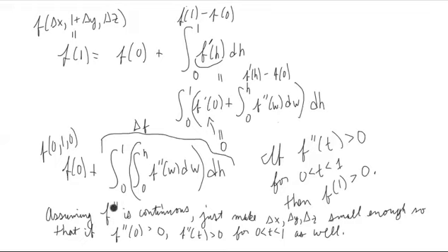Well, if we assume that f double prime is continuous, and we make change of x, change of y, change of z small enough so that values won't change very much, then if we just ensure that the second derivative at 0 is positive, then you're not going to get away from being positive, because by continuity, if you move just a little bit away, the second derivative with anything plugged in between 0 and 1 is always going to be positive because change of x, change of y, change of z are small.